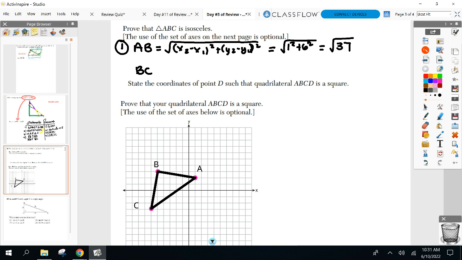And go ahead and do the same thing for BC. Take your x's, subtract them. Take your y's, subtract them.